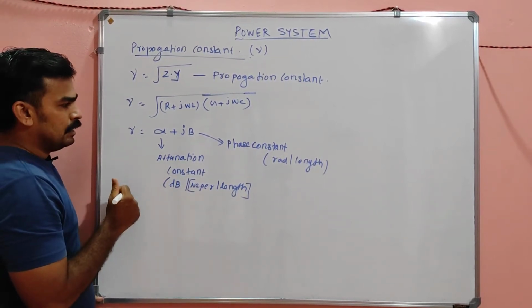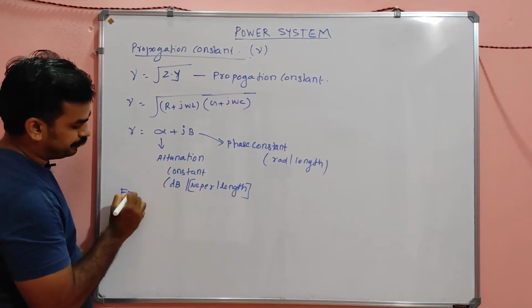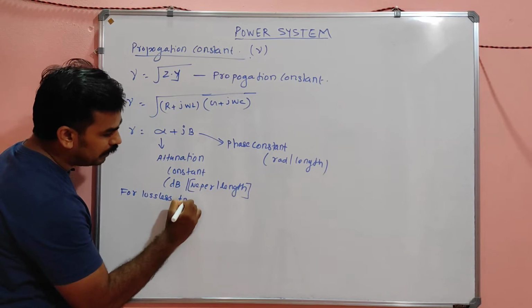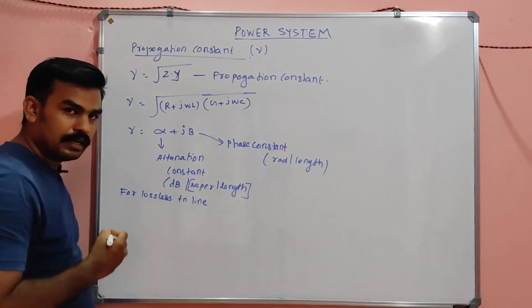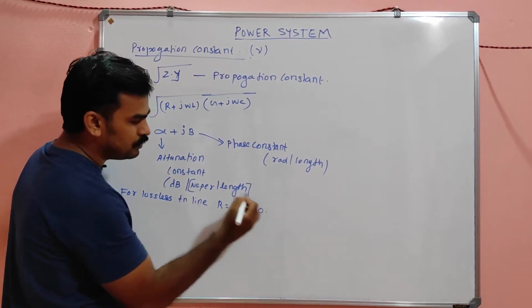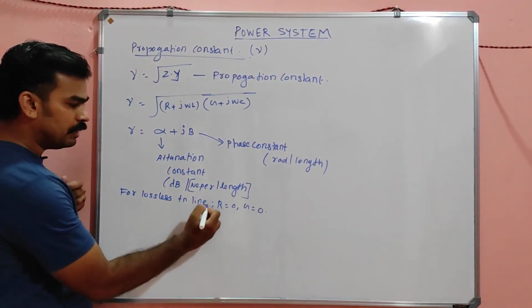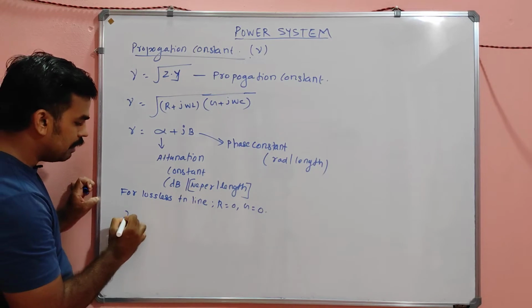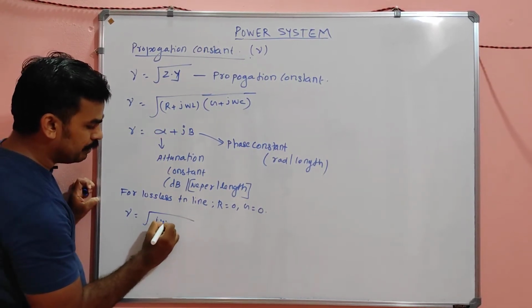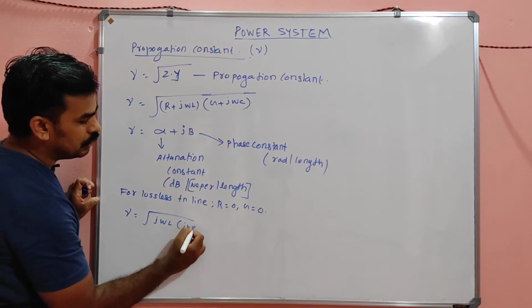For a lossless transmission line, we already discussed that R will be equal to 0 and G will be equal to 0. So our gamma will become the square root of (0 plus j omega L) into (0 plus j omega C).